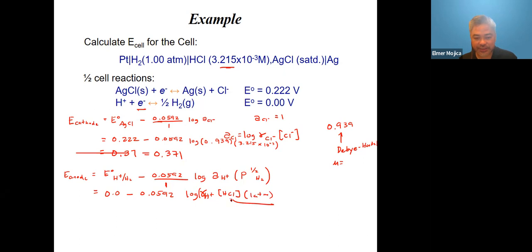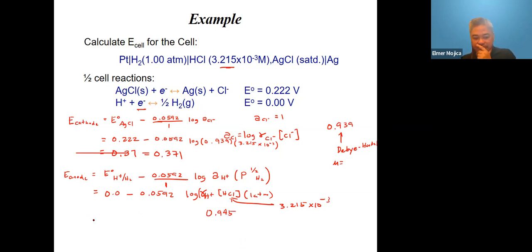That's also 3.215 times 10 to the negative 3. And from Debye-Hückel, if we have that number, the activity coefficient we get is around 0.945.